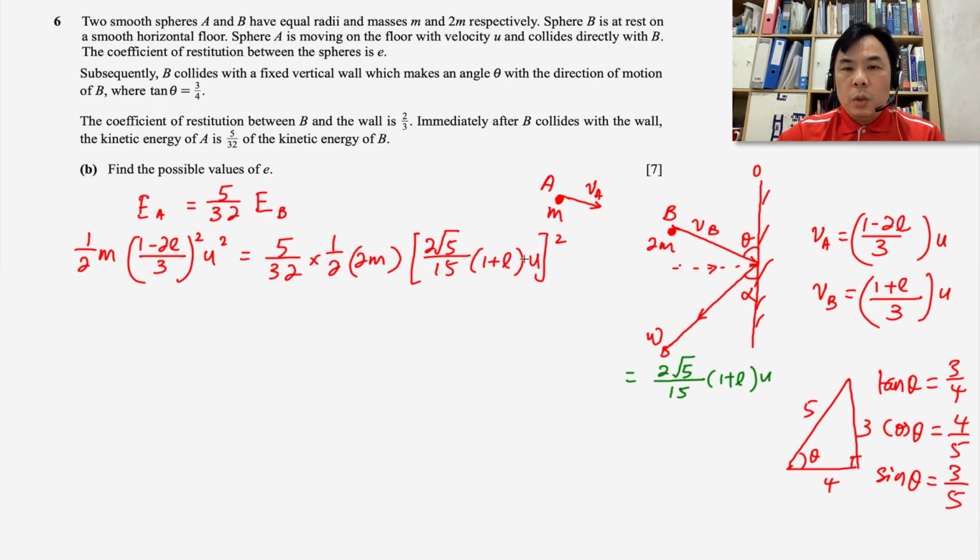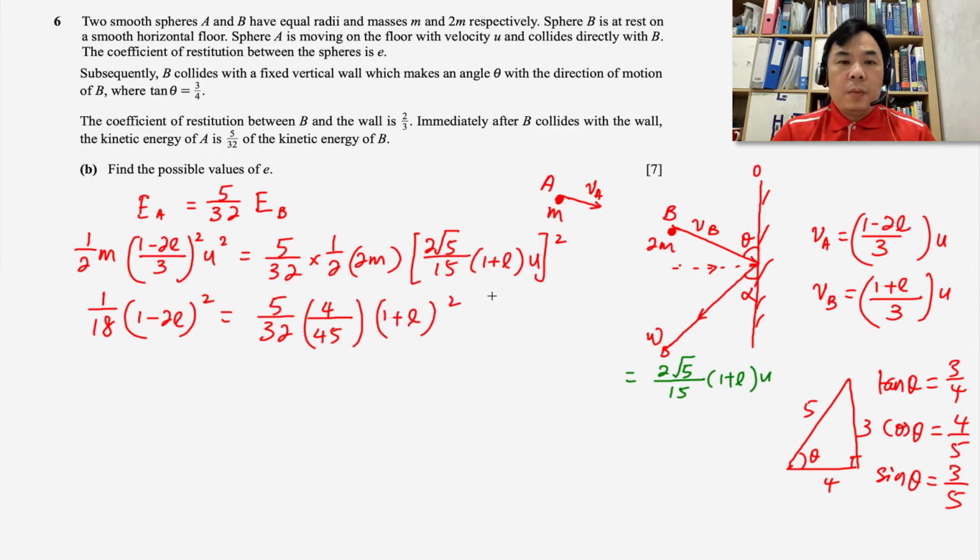We can remove all the u squared and the m, and then here we have 1 over 18, 1 minus 2e squared, and what we have here would be 5 over 32 first, and then if we square this one here, we have a 4, and then after that you have 5 over 45, 1 plus e squared.